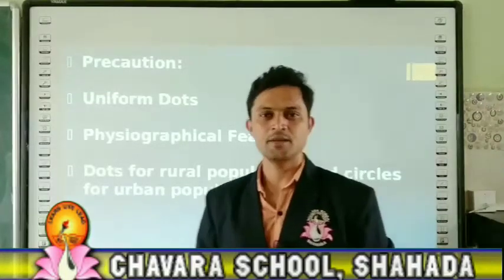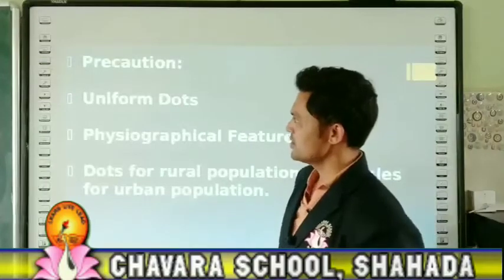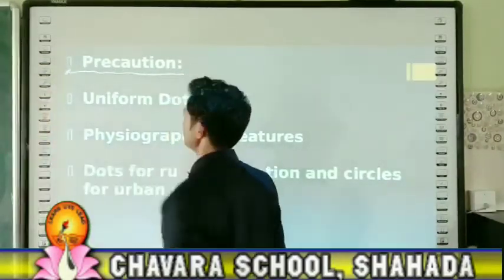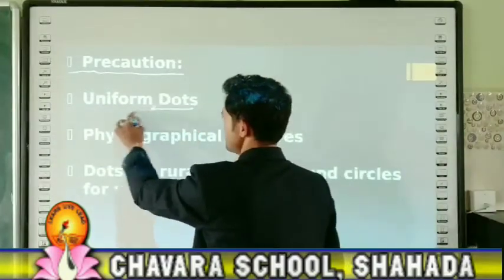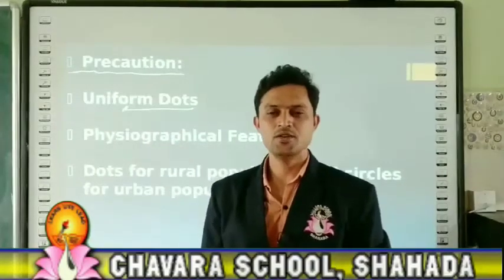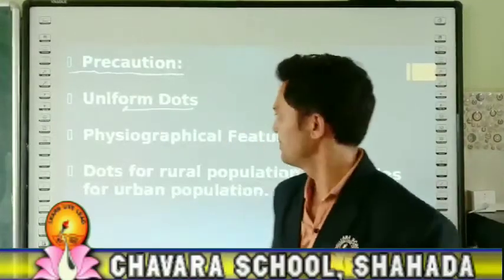So after learning some characteristics of this method and looking at some requirements, we are also supposed to take some precautions here. The precautions are like the dots which are used here should be similar in size, they should be uniform, and they should be drawn uniformly on the administrative map.